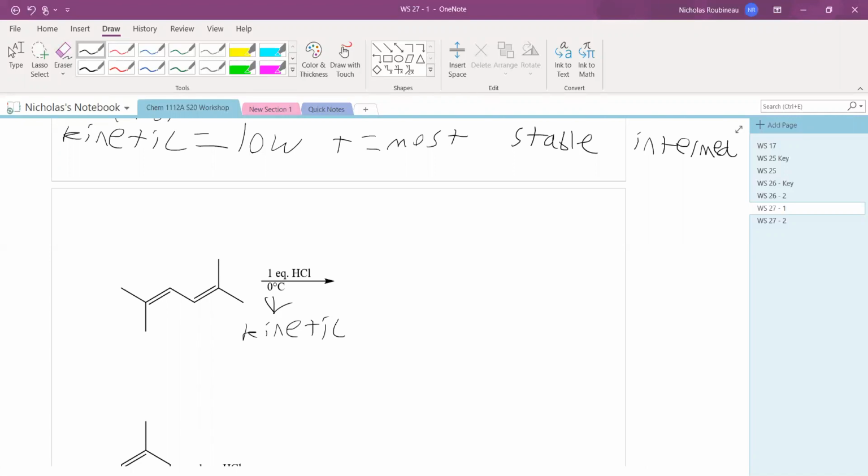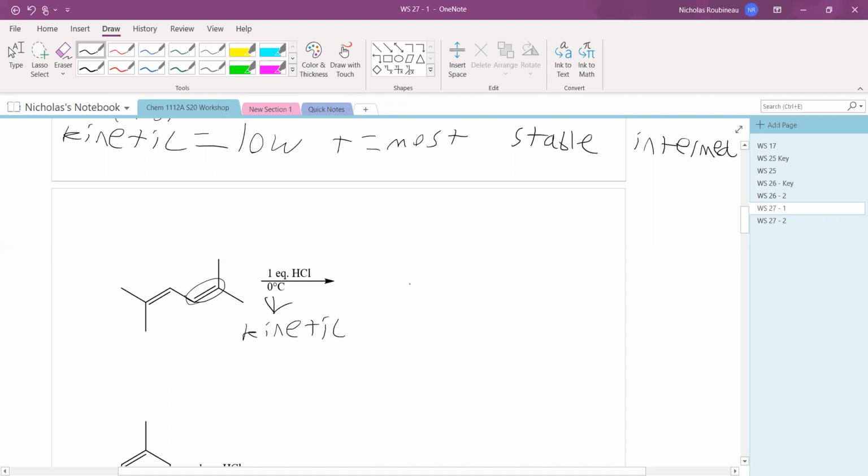And this structure is symmetric, so it doesn't matter which double bond we add it to. So I'm just going to pick the double bond on the right to work with, but it doesn't really matter.